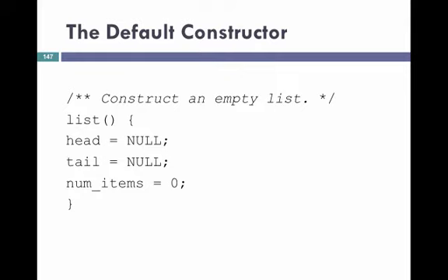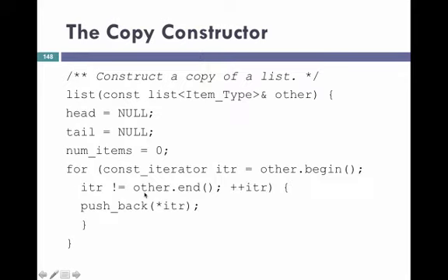Here's the default constructor for a list. Head and tail are null when the list is empty and there's nothing in the list. The copy constructor takes a const reference to a list.